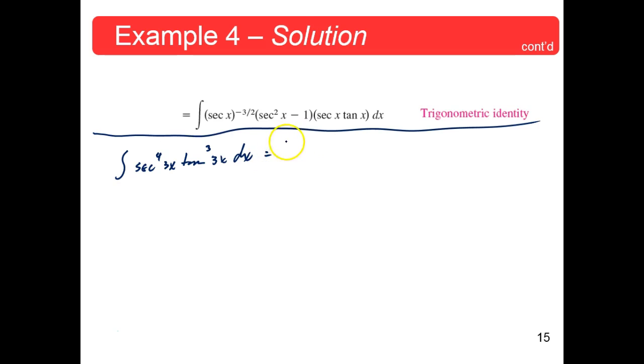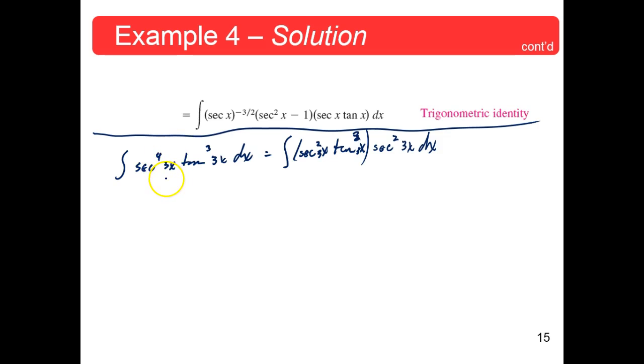So that will then leave us with a secant squared 3x, tangent cubed 3x, times a secant squared 3x dx. And that is the derivative of the tangent, close anyway, but within a constant.